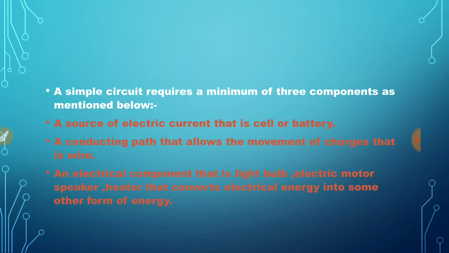And third component, electrical component, any component which we have to join in the circuit, like light bulb, motor, speaker, heater, that converts electrical energy into some other form of energy. So we require three components in a simple circuit. First one is cell or battery, second one is wire, and third one is any load or any electrical appliance.